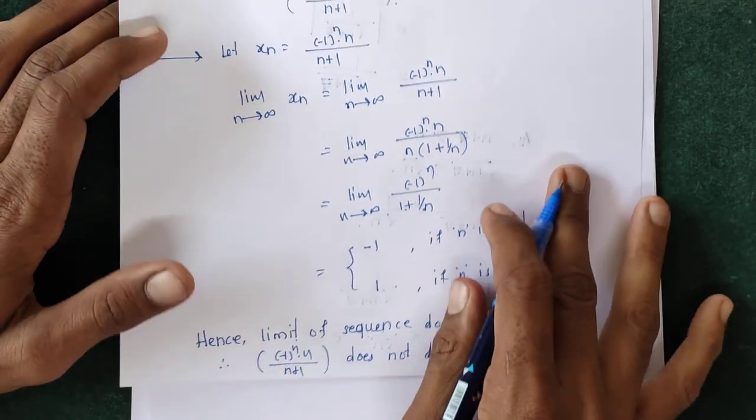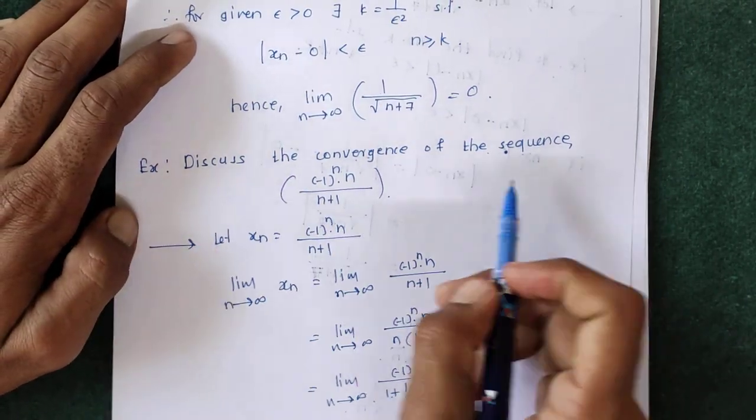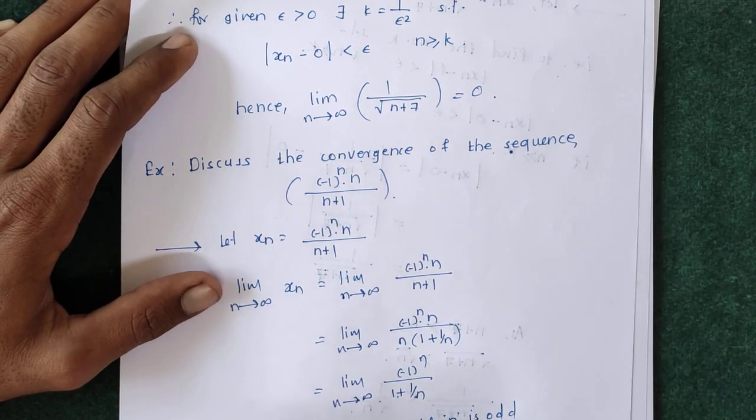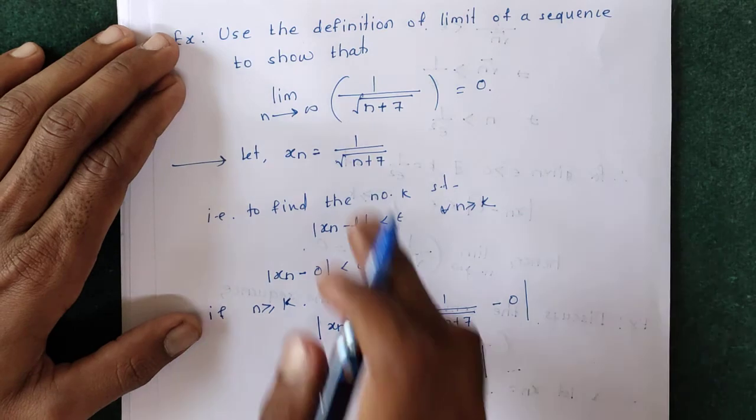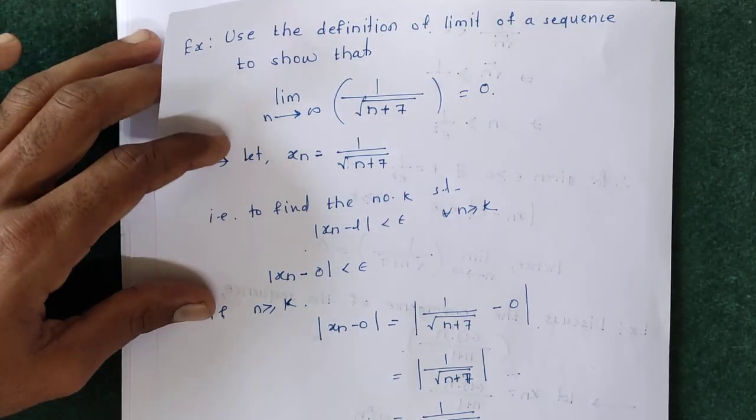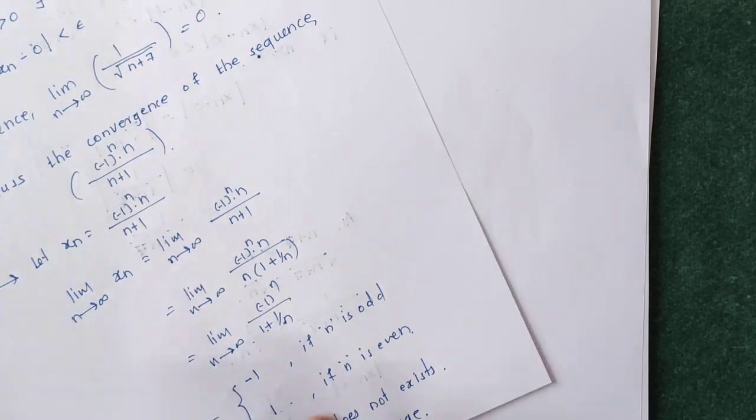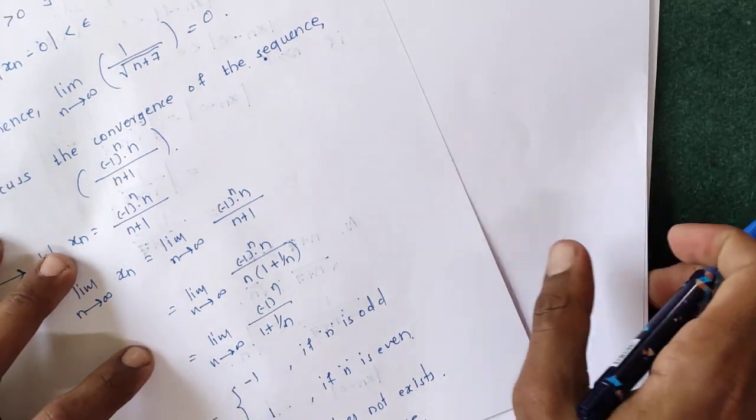If the given problem is in this form, discuss the convergence, you will just check the limit. Otherwise, if the question is of the form show that the limit is some k, then we will find the value of k.